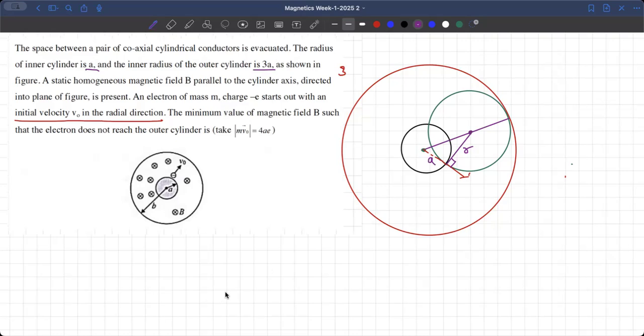Boys, now you see, this is the picture I had. The minimum value of magnetic field B such that the electron does not reach the outer cylinder. No issues here. Now take the geometry properly. We will use this starting point as P, this point as Q, this point as O, and this point as C. Now we will go with OC. What is OC?